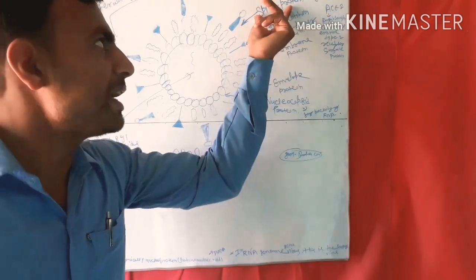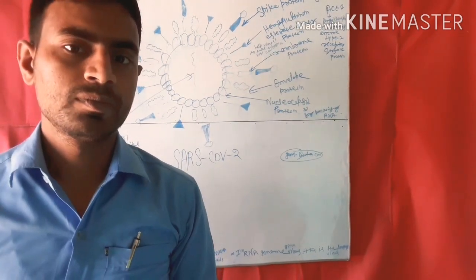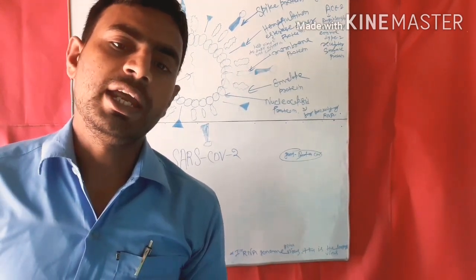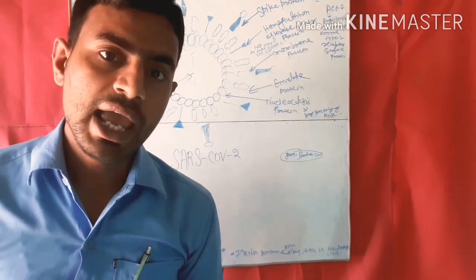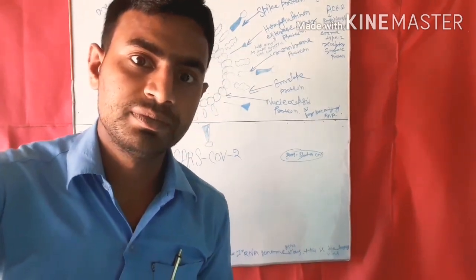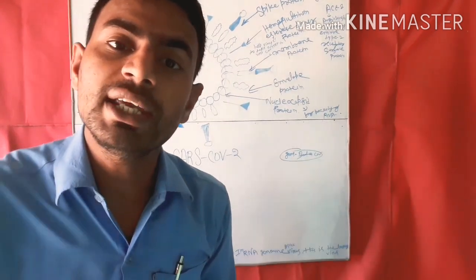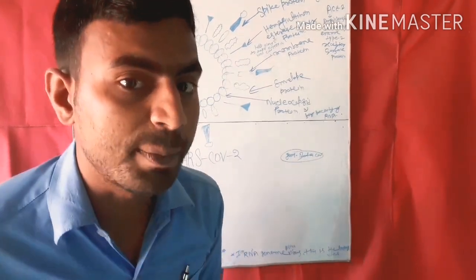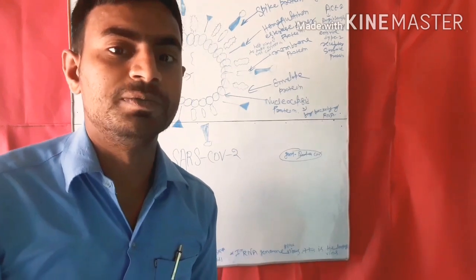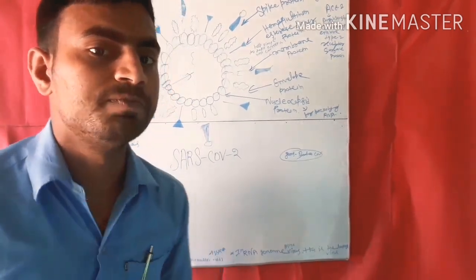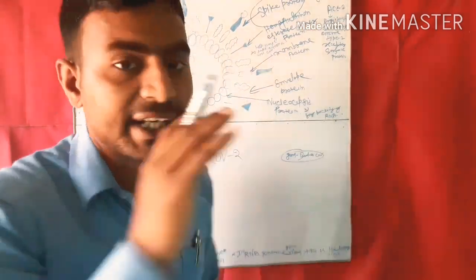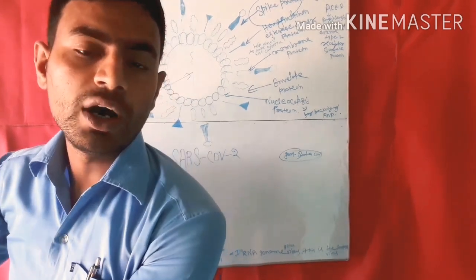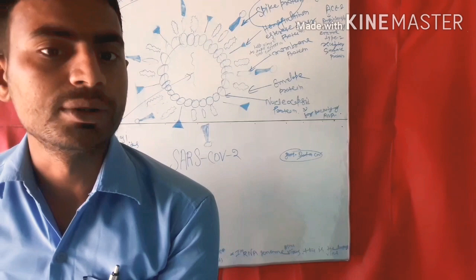This means the spike protein goes into the human body or animal body, into a system where the angiotensin converting enzyme, ACE type 2, surface protein is present. The spike protein attaches to that system, and after that it flows into other parts and other systems of the body.